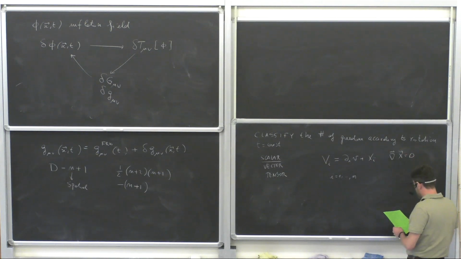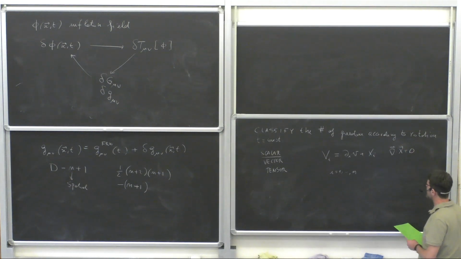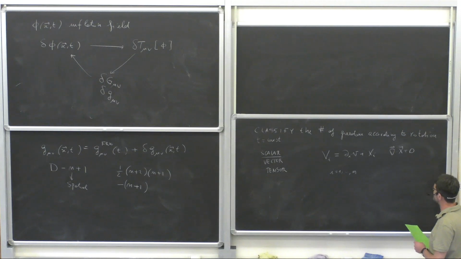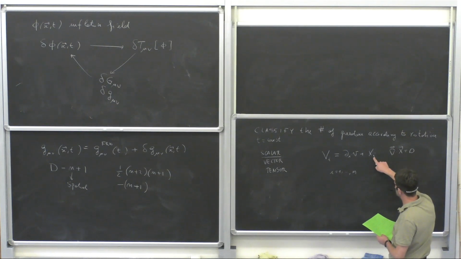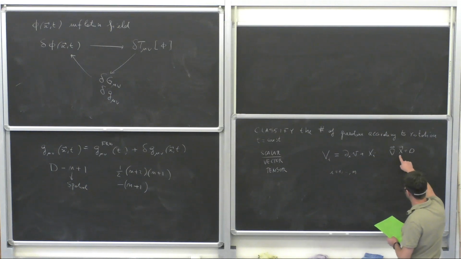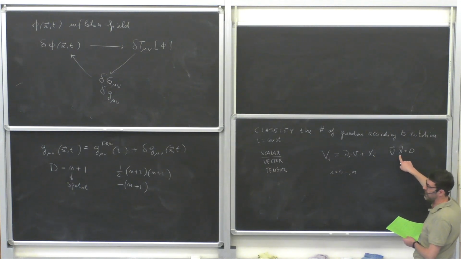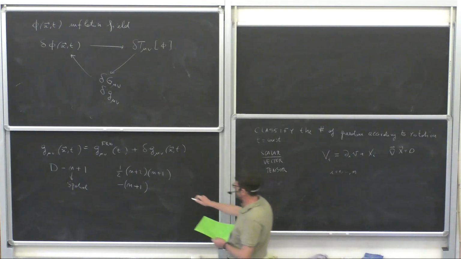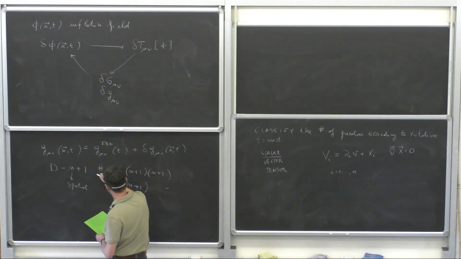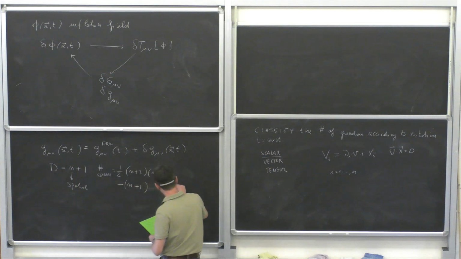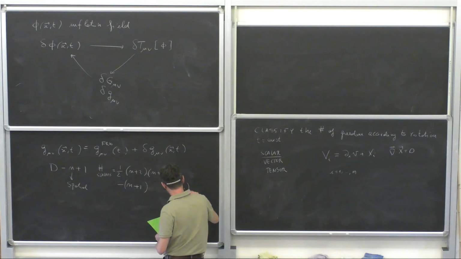Okay, so what I discover from here is that the number of vector components is n, because i goes from 1 to n, minus 1, because I impose one condition. So if I want the number of scalars, I get this number, I remove n minus 1.